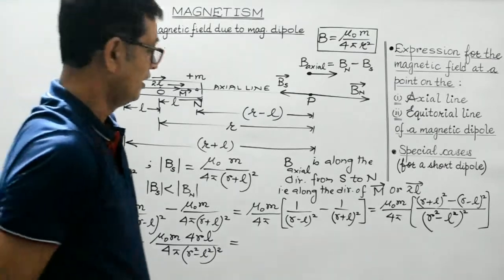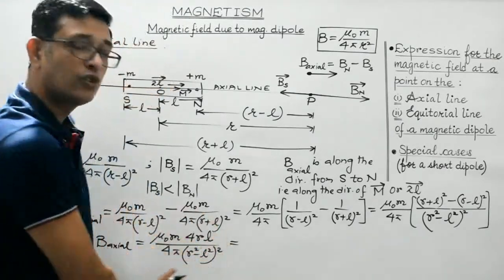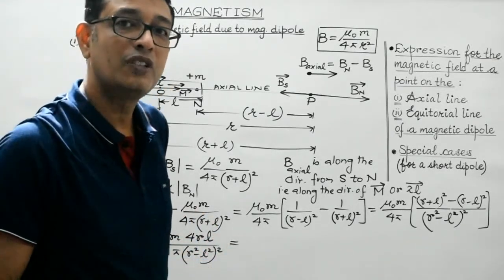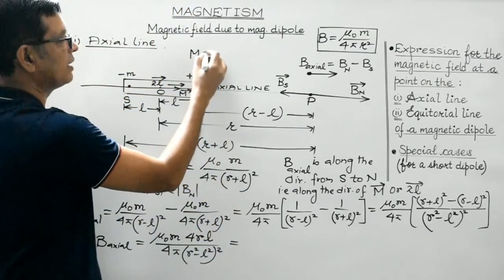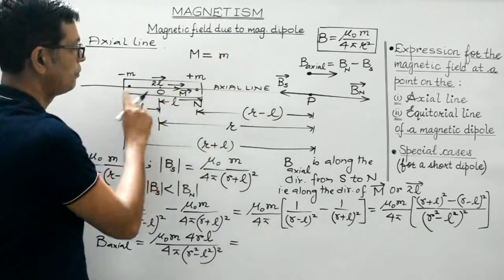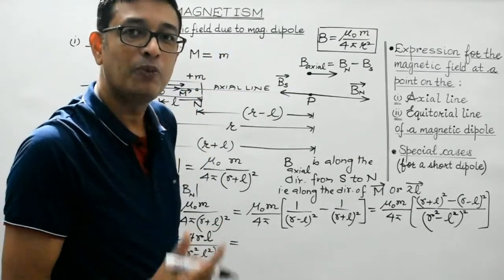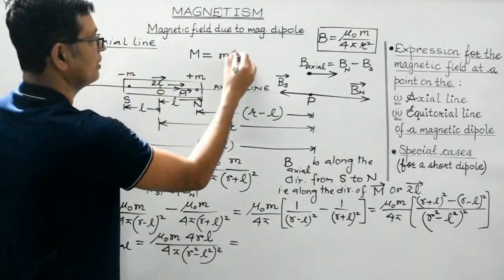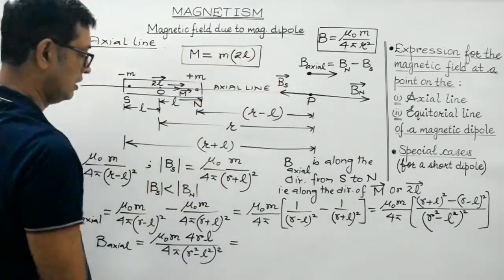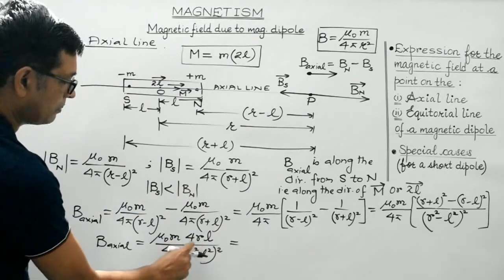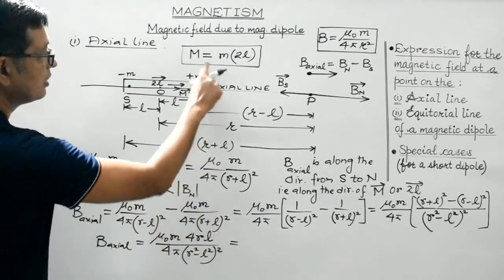Clear? Now, in case I want to represent the result in terms of the magnetic moment of the dipole, then we are aware, students, magnetic moment is given by the product of the magnitude of either of the pole strengths and the distance between them. Isn't it? This is the magnetic moment. So M multiplied by 2L will give us the magnetic moment.